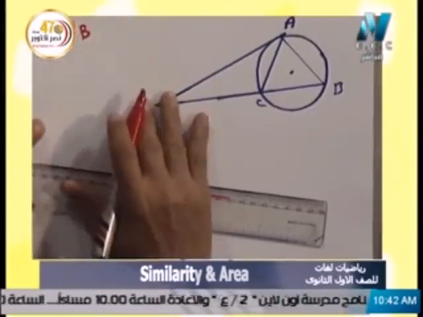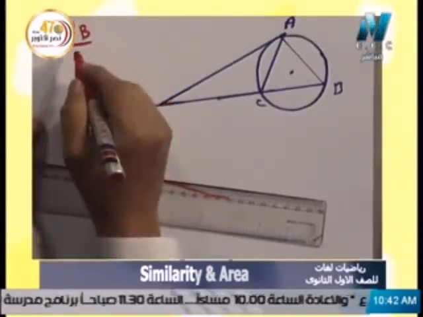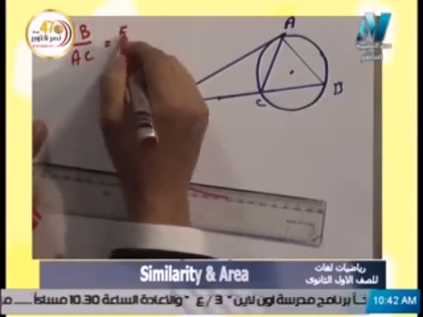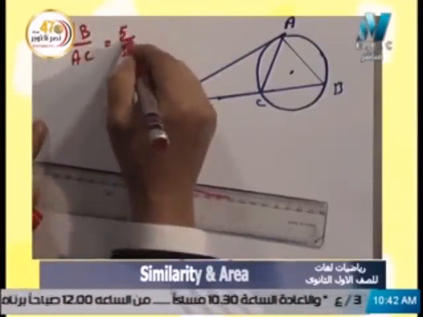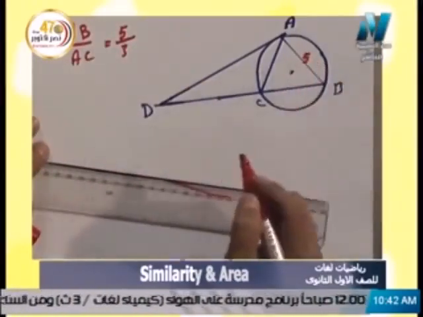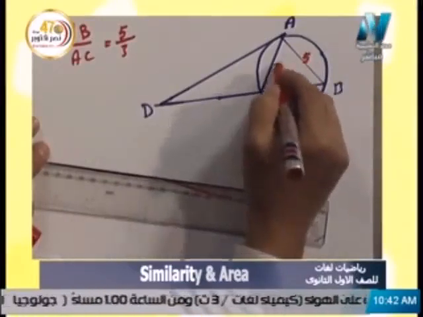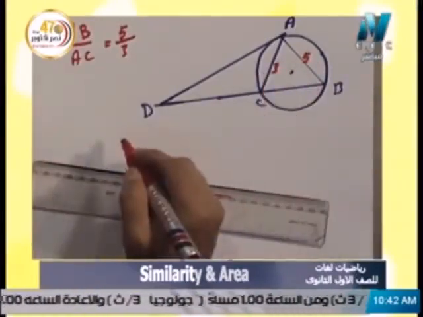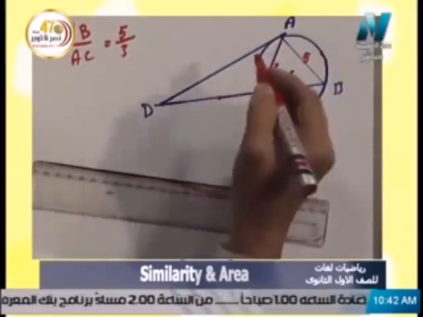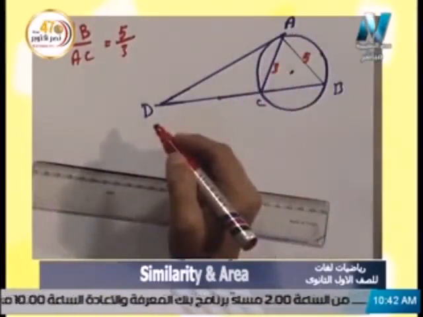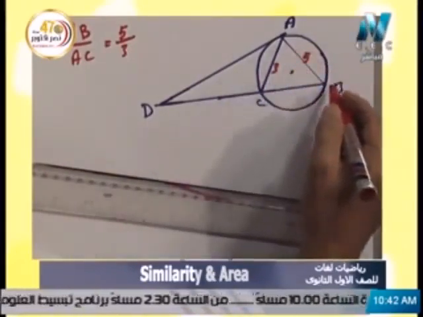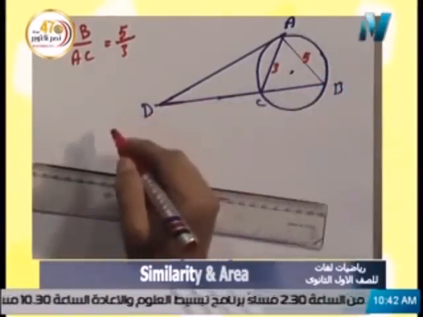We have the ratio between AB and AC: AB over AC equals 5 over 3. So AB, its ratio equals 5, and AC, its ratio equals 3. And we have drawn AD as a tangent to intersect BC at D, as we said before.